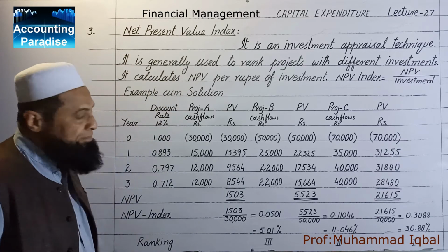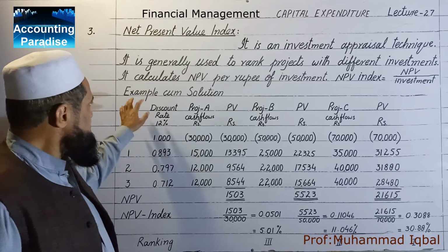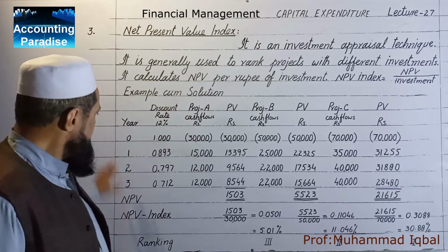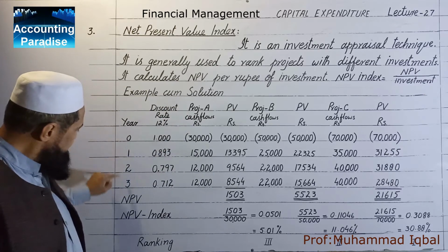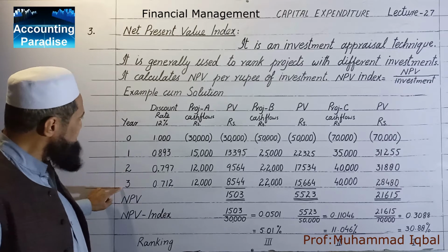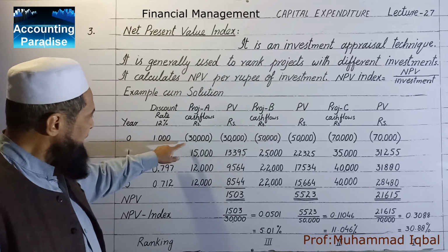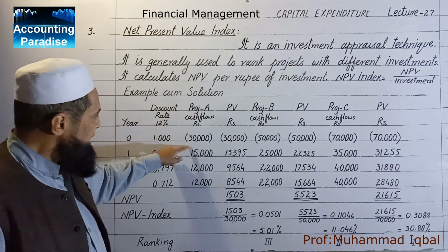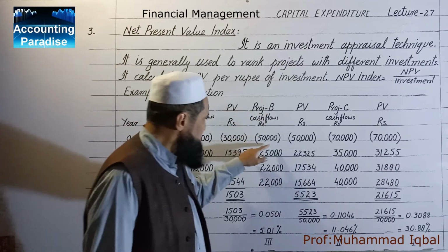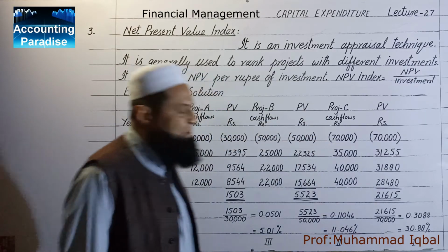It is a combined example cum solution. Here are the years. The data is for 3 years. The discount rate is 12%. The cash flows in project A is 30,000, in project B is 50,000, in project C is 70,000.